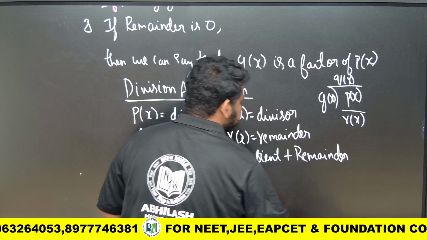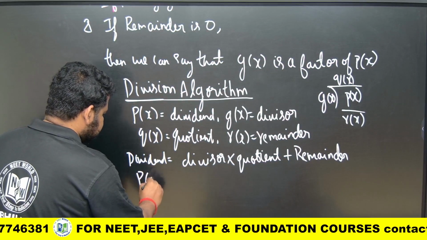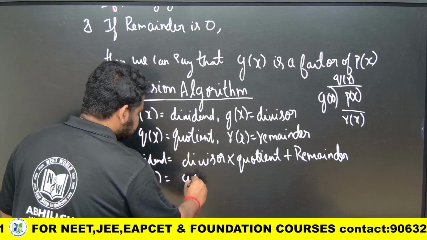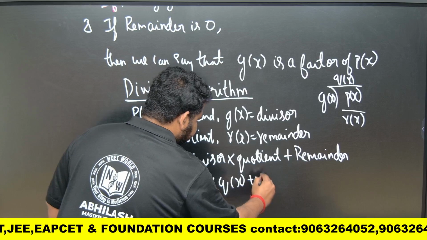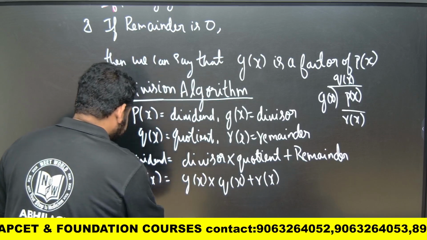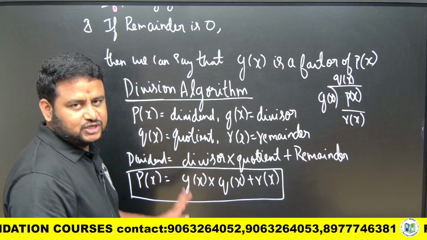In terms of p of x, g of x, q of x and r of x, this becomes p of x is equal to g of x into q of x plus r of x. This is the division algorithm which you have to remember definitely, friends.